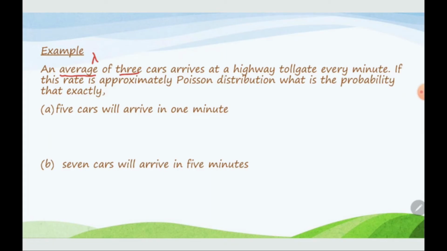We got 3 cars arriving every minute, meaning for every minute 3 cars arrive. So by definition, X is the number of cars arriving in 1 minute.